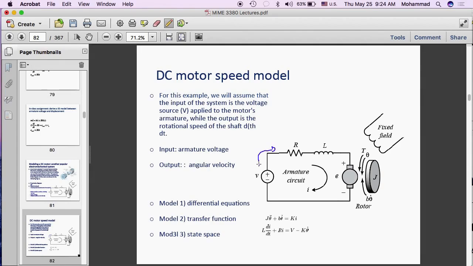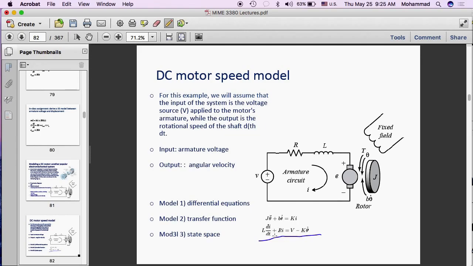So that's the current. And we have to add all the voltage drops to create the equation. So this is the Kirchhoff equation. So you recognize L di over dt, that's the result of the inductance. You recognize R times I, that's the voltage drop across what element? R times I? The resistor.